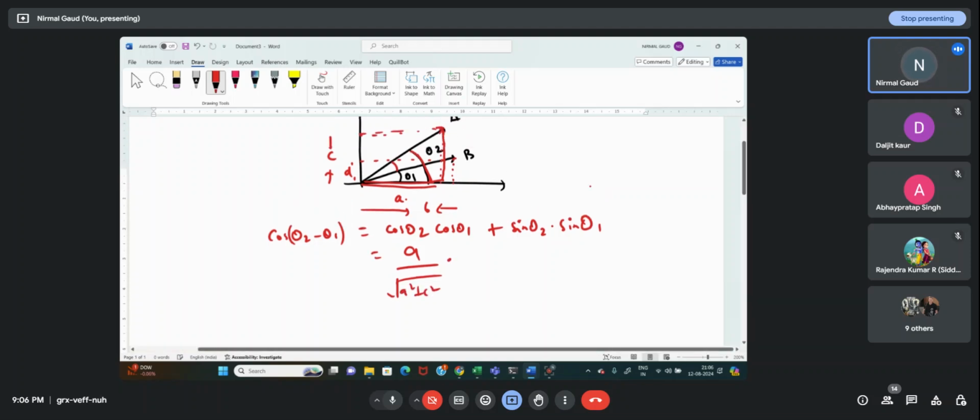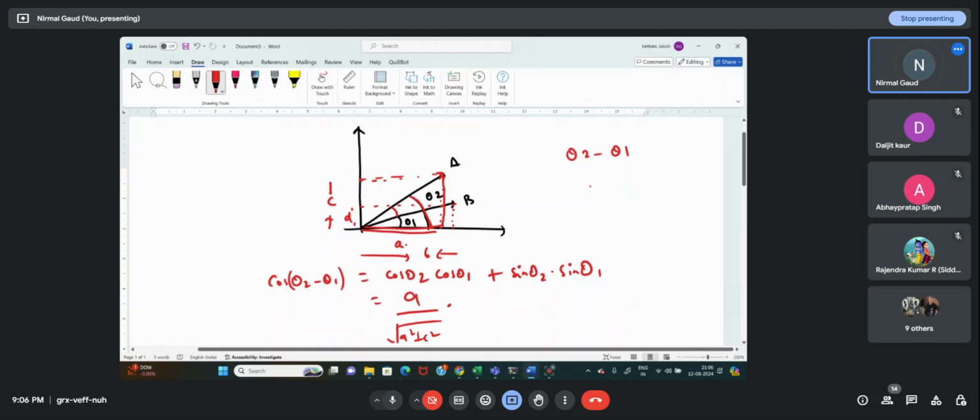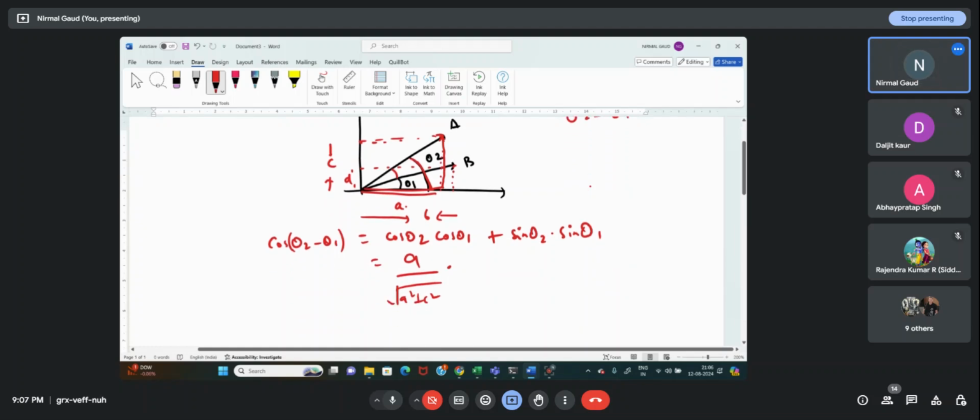What is cos theta 1? Cos theta 1 is the angle made by the b vector. This entire length is b. So again, b upon under root of b squared plus d squared, where this distance is d and this distance is b.